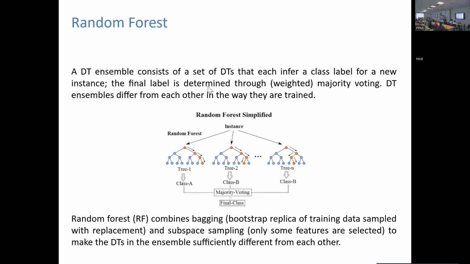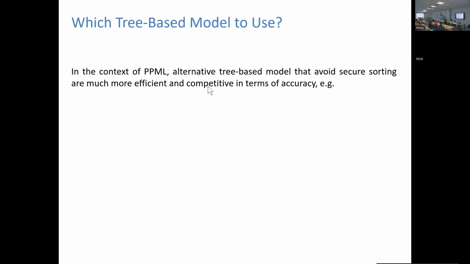You combine these two techniques so that every tree differs from the others. When you combine a set of trees that are a little bit different from each other, you get a more reliable, more robust classifier. Okay, so if you are doing this in a secure way, you want to avoid secure sorting as much as possible.